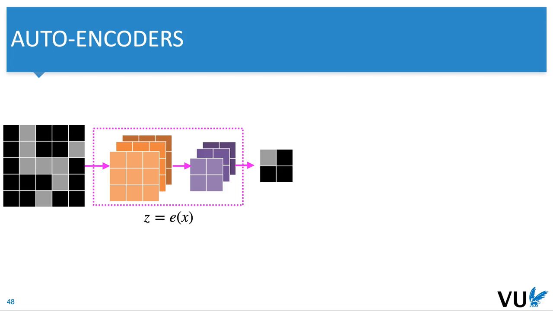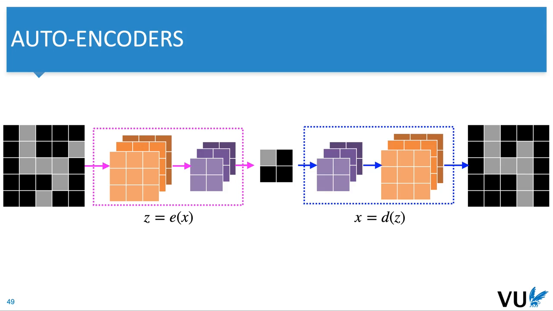We implement the encoder using some convolutional layers, and in the end I get a code. And then I use another neural network that mirrors the architecture of the encoder, so that I get back the good shape, because in the end I must have the same shape as my original input. And that's it, basically. This is the idea of autoencoders.